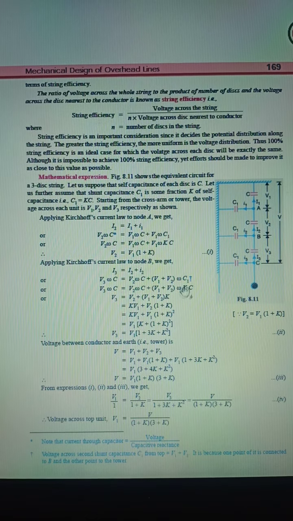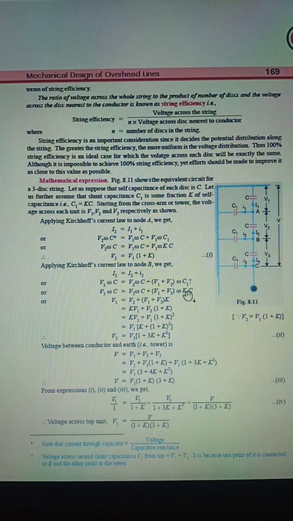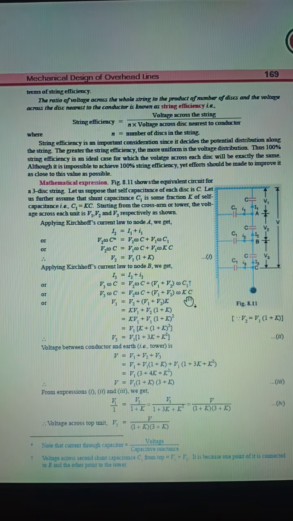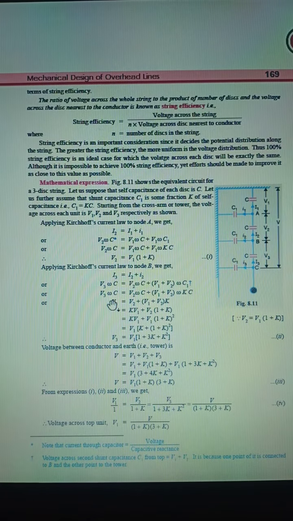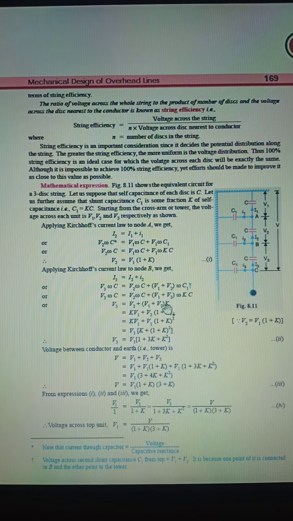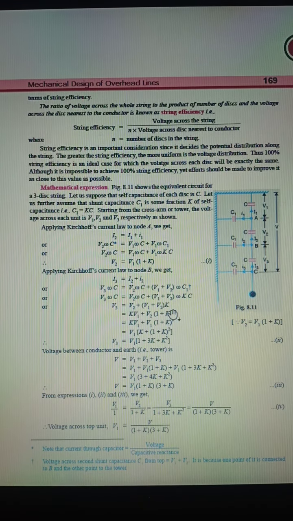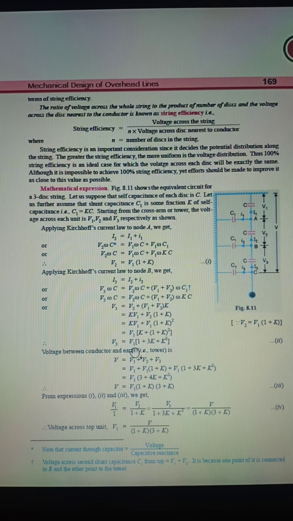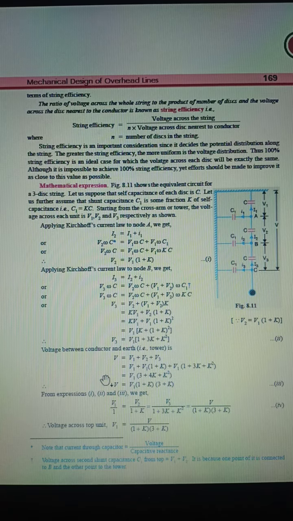Then C1 is K into C, so put the value C1 equal to K into C. Omega C cancels out on each side. Finally, we get V3 equal to V2 plus (V1 plus V2) into K. After simplifying, V3 equals V1 into (1 plus 3K plus K square).